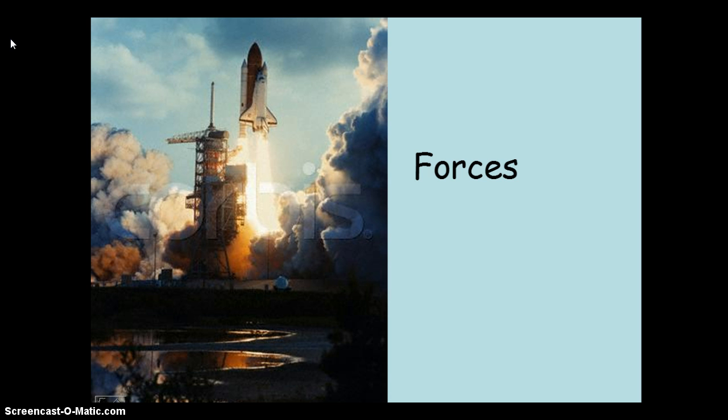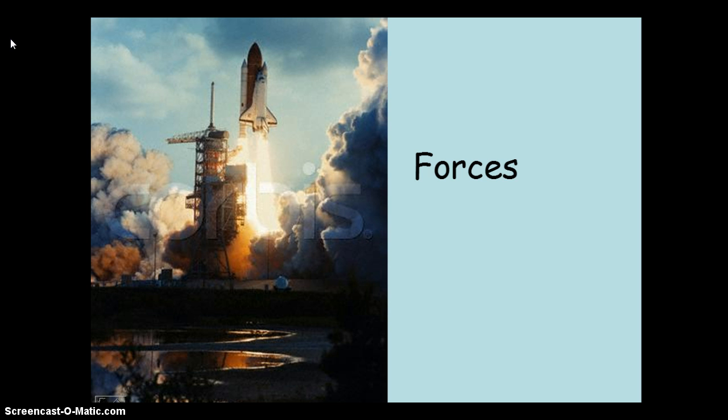The forces are balanced, though, and we're going to be getting into balanced forces and unbalanced forces. But right now, the surface of the launch pad is pushing up on the shuttle, while gravity is pulling down on the shuttle. But they're balanced, so the shuttle's not moving.